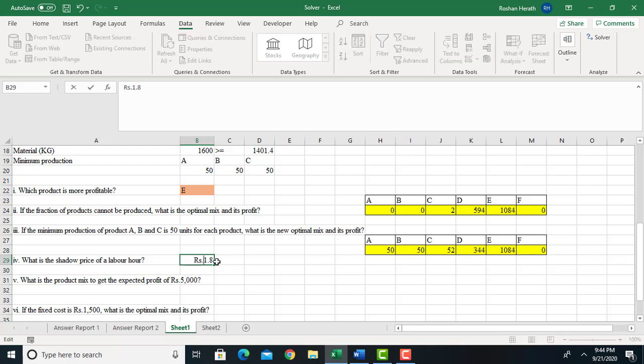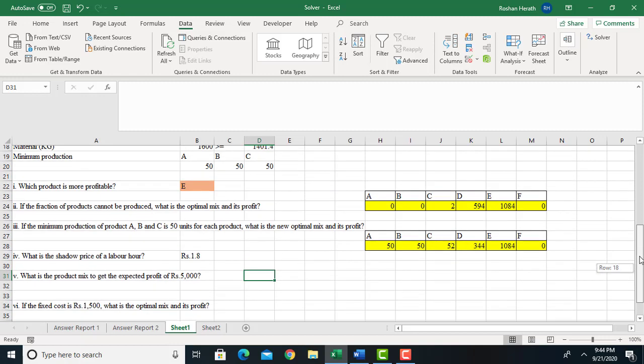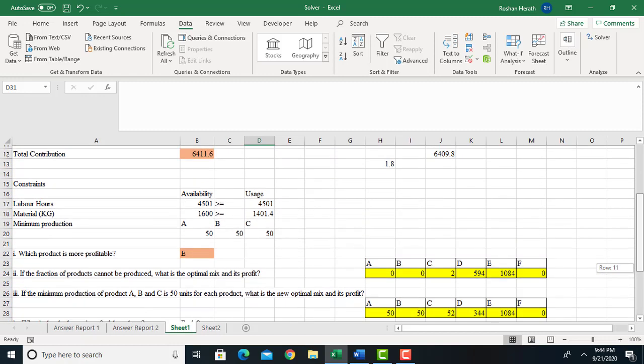It's rupees 1.8. Then it asks, what is the product mix to get the expected profit of 5,000? If you are to get the profit of 5,000, what must be the product mix? Then this time what do you want to change? It talks about a certain profit that you want to achieve.